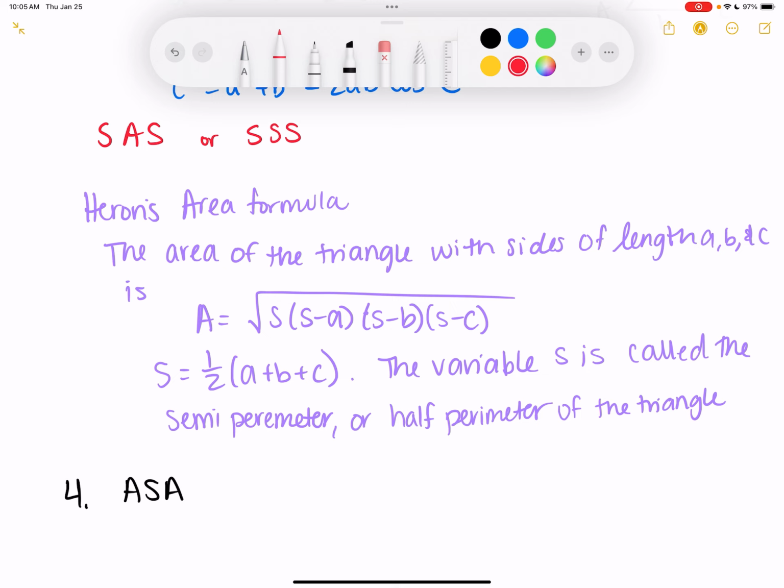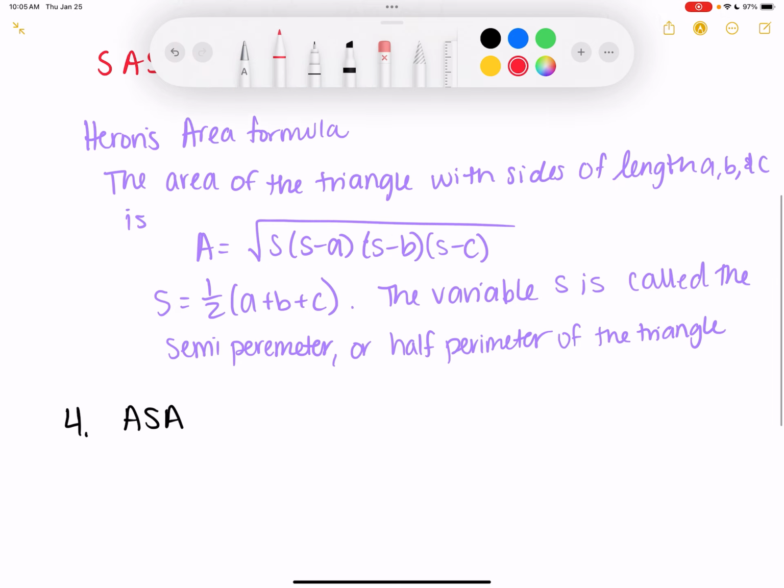Which law of sines or law of cosines would we use to solve this situation? Law of sines. How about side, angle, side? Law of cosines.